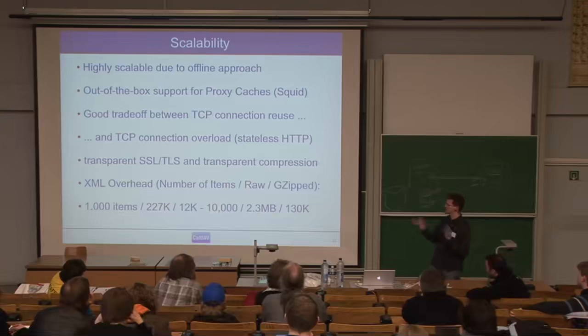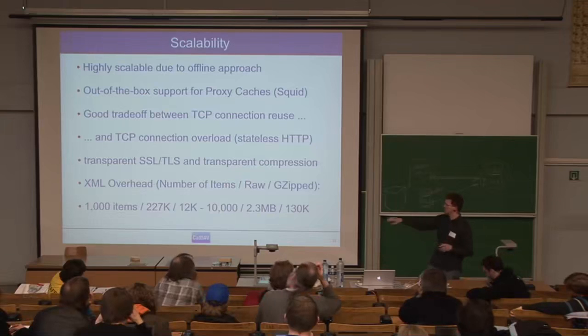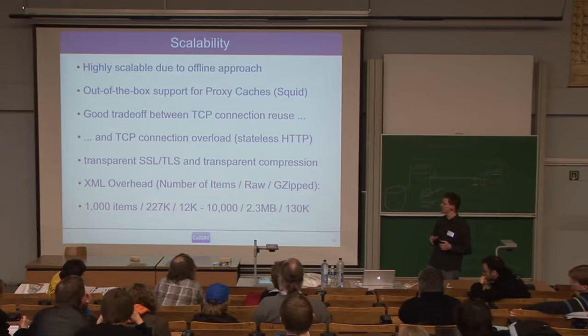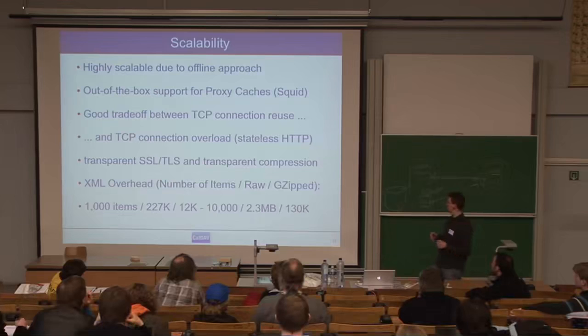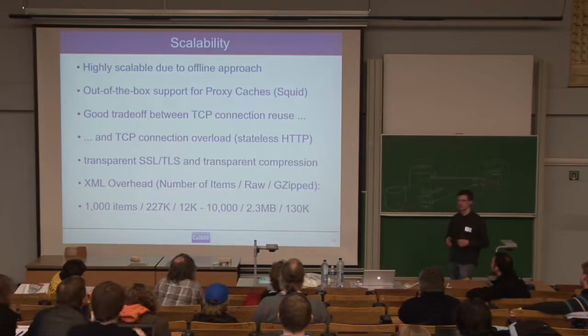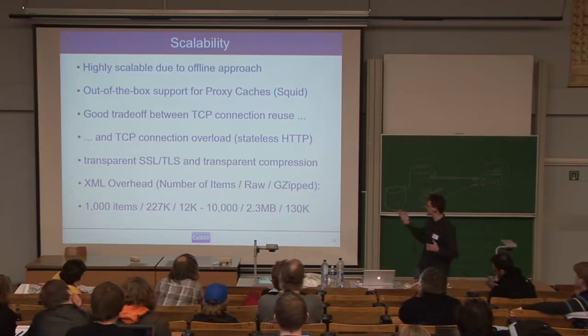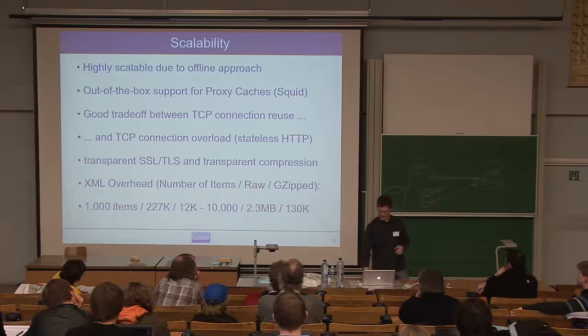I put some numbers down, roughly. 1,000 items produce an XML which is about 200K, which is quite a lot. But because the XML is so verbose, it also compresses very well. So if you enable gzip compression in the client, it just comes out as 12K, which is quite okay. And even for 10,000 events, which is quite a lot for a single folder, it's 130K, which is significant, but acceptable in my opinion.